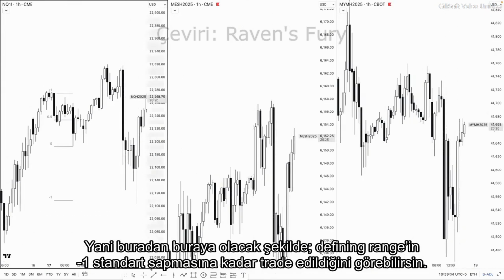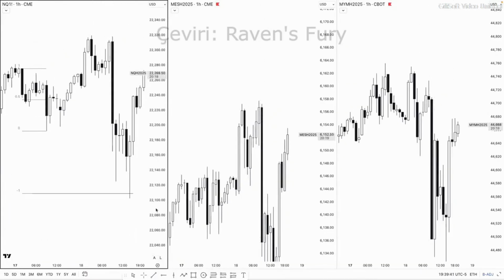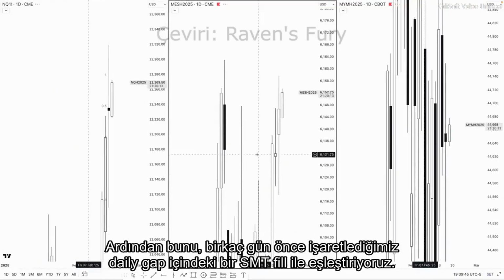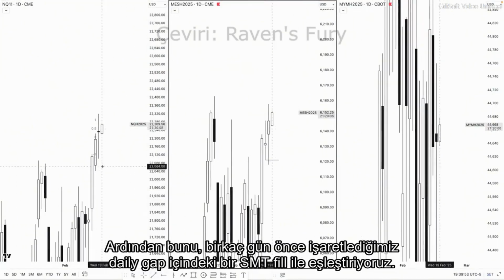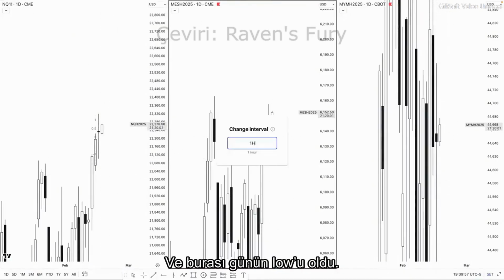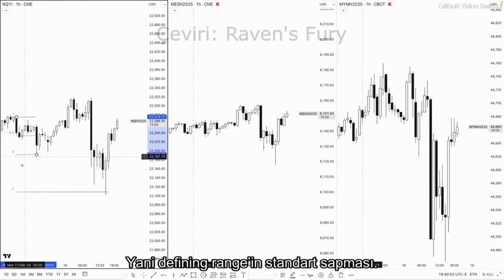You can see that we traded to the -1 standard deviation of the defining range. And this was the reversal point, okay? And then we pair this with a SMT fill in the daily gap that we had highlighted a couple of days prior. We then had this move higher, okay? And this was the low of the day, the standard deviation of the defining range.